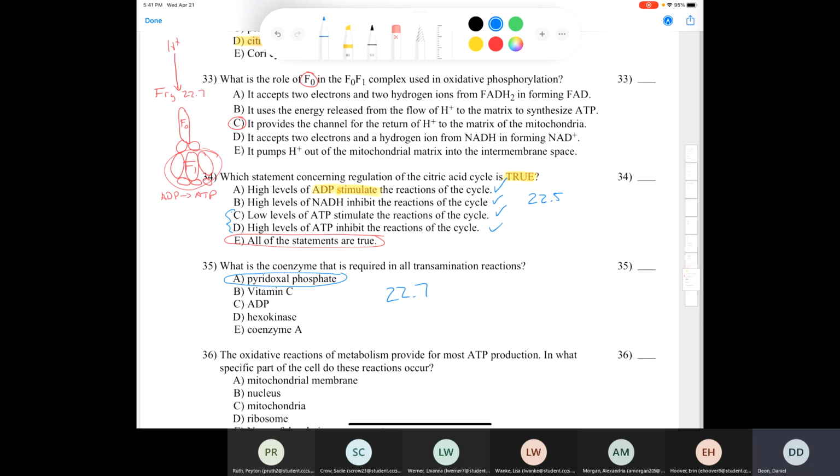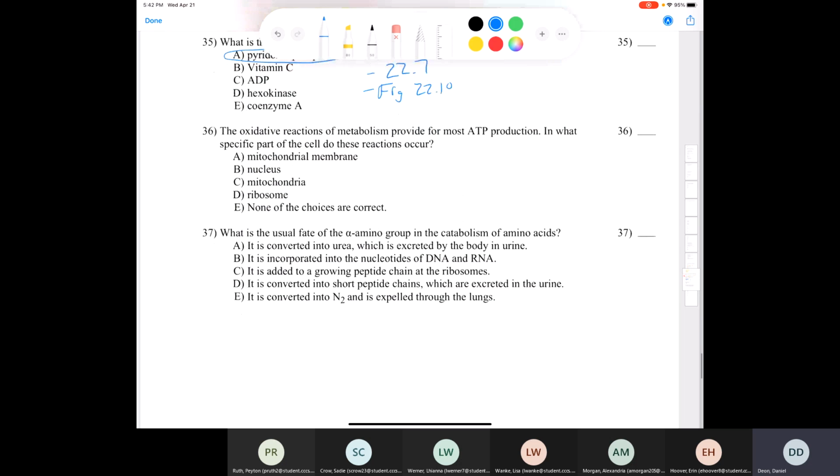If you go in our textbook and look at figure 22.10, there you see the mechanism of transamination, and you see how pyridoxal phosphate is required for the transamination process to occur, which of course involves the removal of the amino group from an amino acid. There we go.